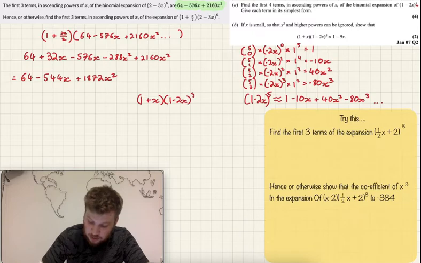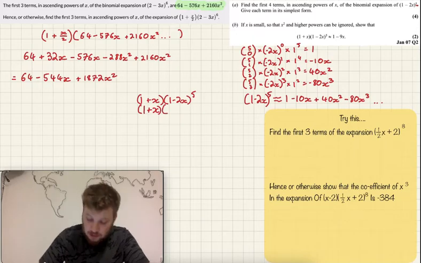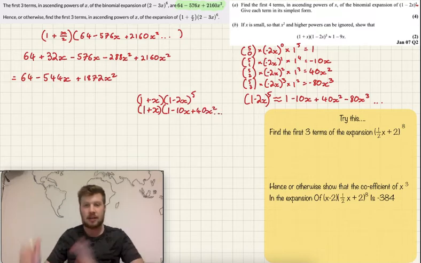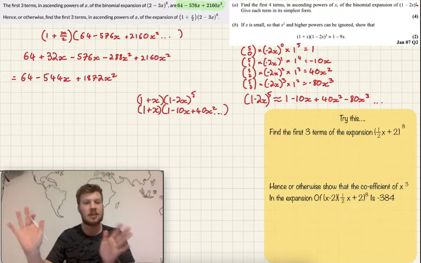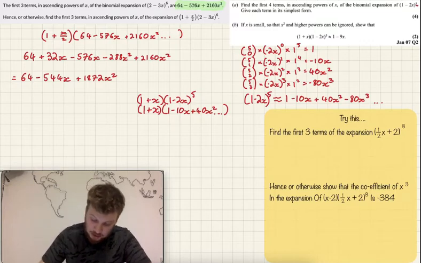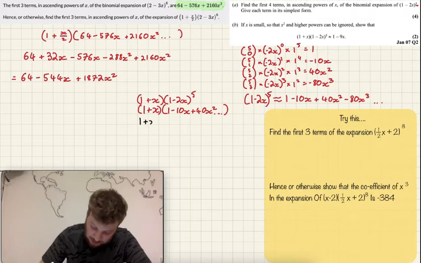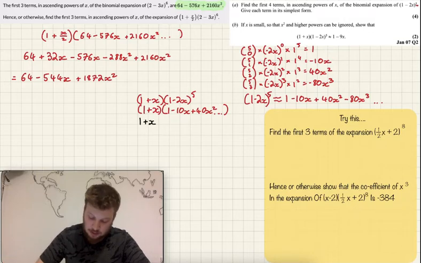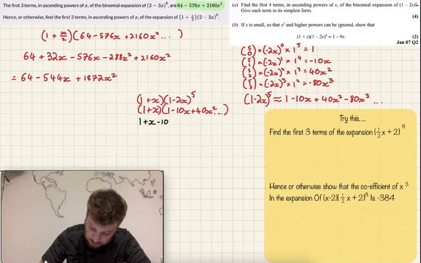I know that this 1 minus 2x to the 5, like I could do before, I could rewrite it as 1 plus x, and then instead of 1 minus 2x to the 5, it can be 1 minus 10x plus 40x squared, and so on. I don't need to carry on any terms because I know that I'm going to ignore any terms bigger than x squared. So let's do my expansion. 1 times 1 gives me 1. x times 1 gives me x. And 1 times negative 10x is going to give me negative 10x.